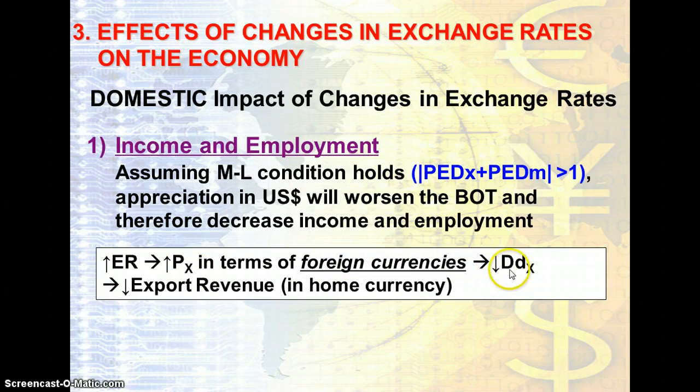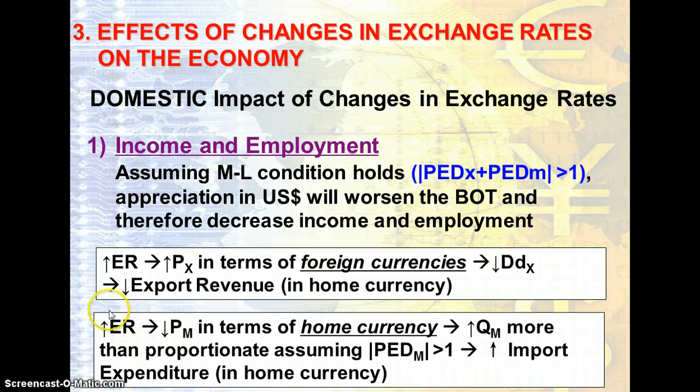It means that the demand for export will shift to the left, as shown using the diagram. As such, there will be a decrease in the export revenue in the home currency. So the people in the economy will receive less export revenue.